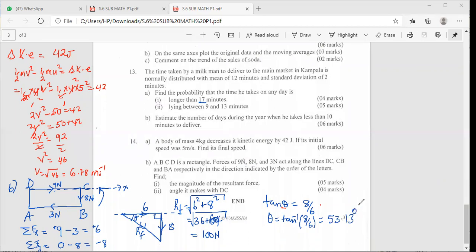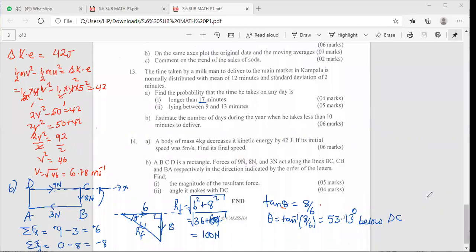But here you don't just conclude 53.13. You say 53.13 below DC, because DC was horizontal. So our paper is done.